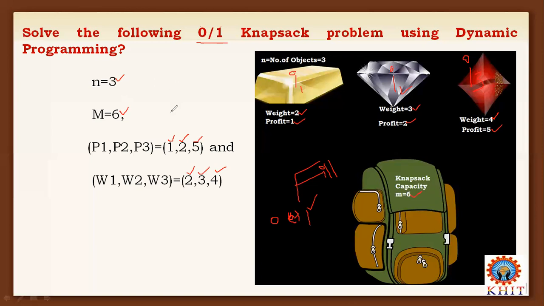So the main objective, or the main problem statement, of 0/1 knapsack is to fill the knapsack with the available products by satisfying the condition on the total weights of all possible items.